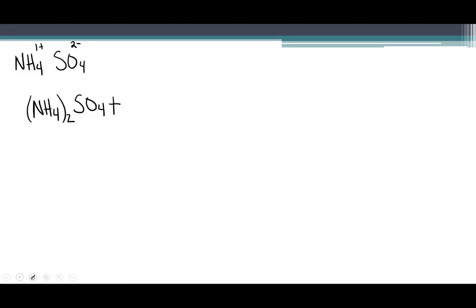Barium is Ba, chloride or chlorine is Cl. Barium is one of our main group elements, so it's always going to have a positive 2 charge. Chlorine is one of our main group elements. It's always going to have a negative 1 charge. So when barium chloride comes together to form a neutral compound, they're going to flippity flop their charges, and it'll be BaCl2.